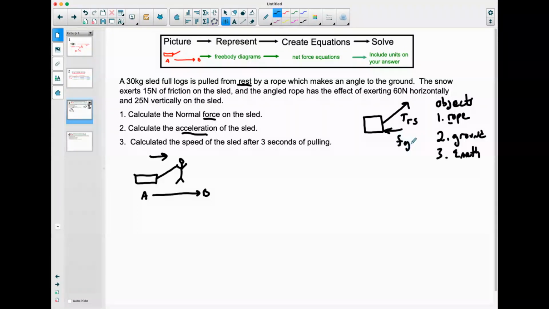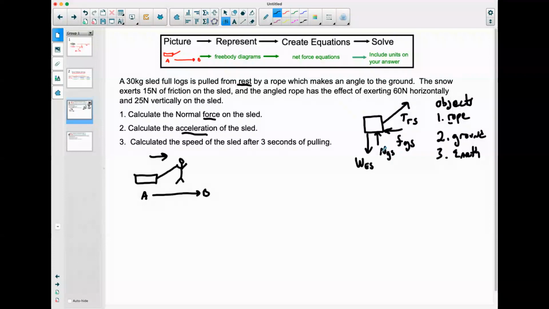Friction, ground on sled. And then there is the weight of the sled, which is the earth pulling down on the sled. And then there's the normal force from the ground pushing up on the sled.